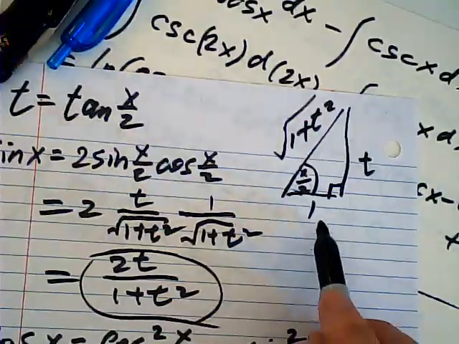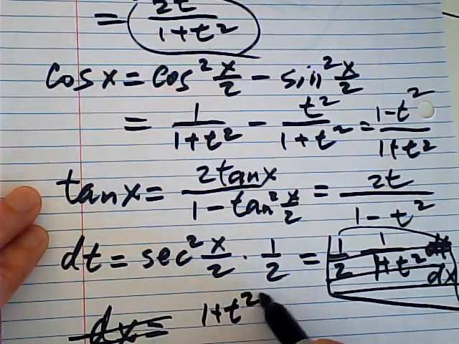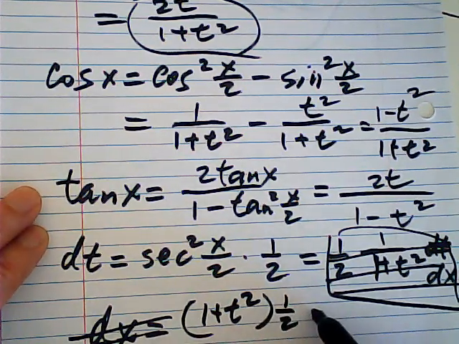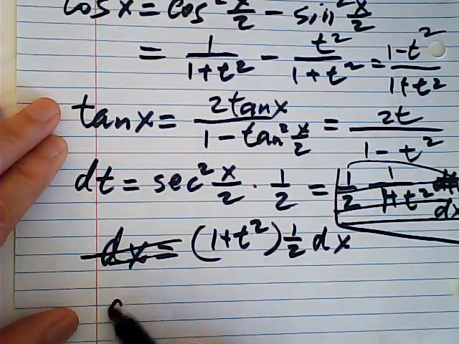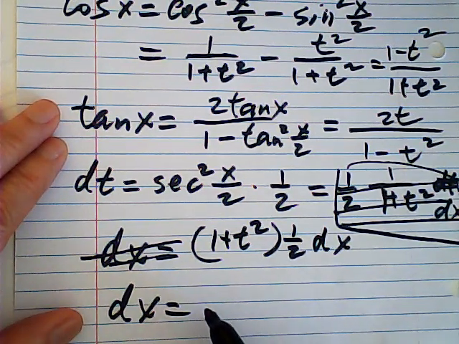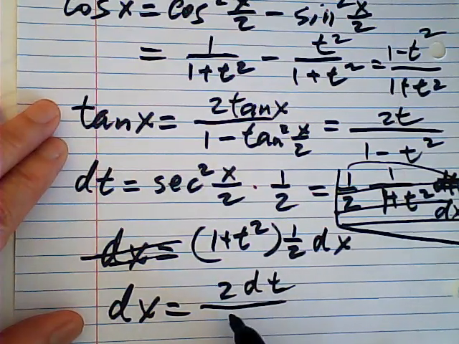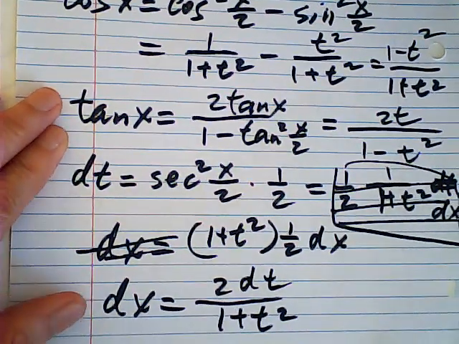Secant is this over that, right? So this one is equal to 1 plus t squared times half dx. So dx is equal to 2 dt over 1 plus t squared.